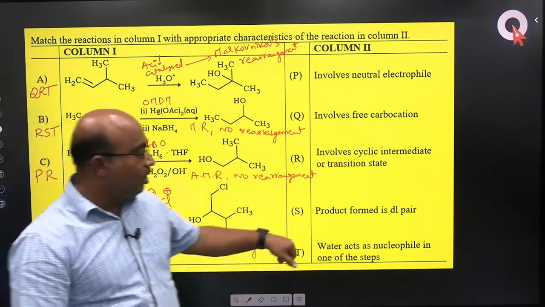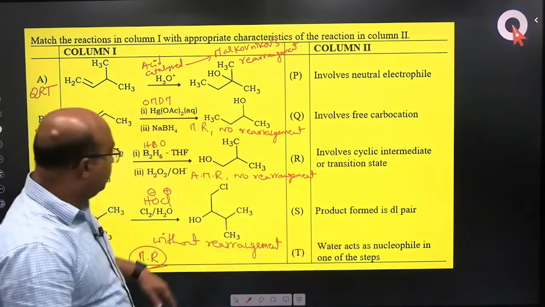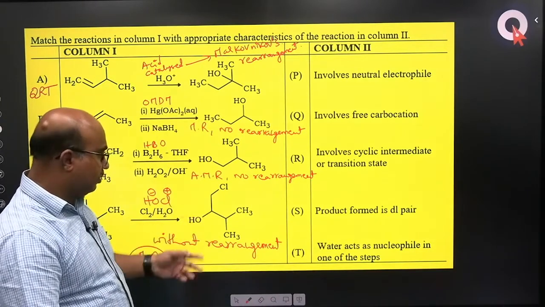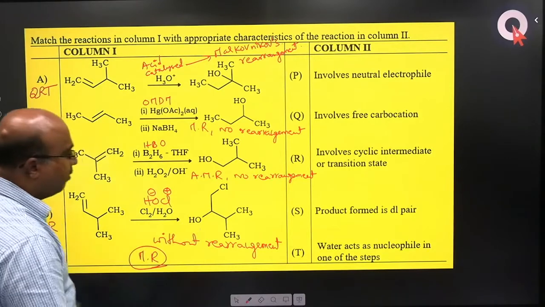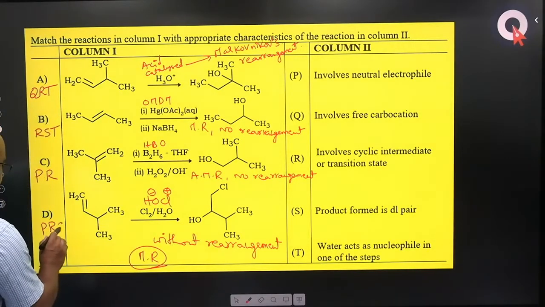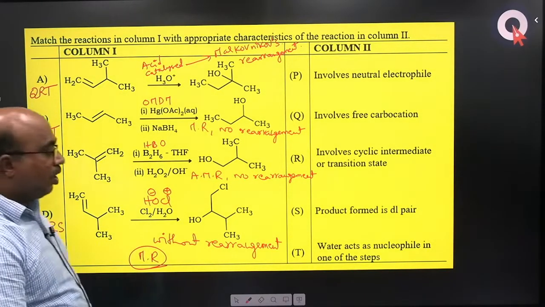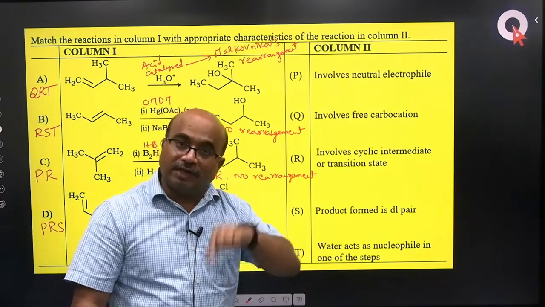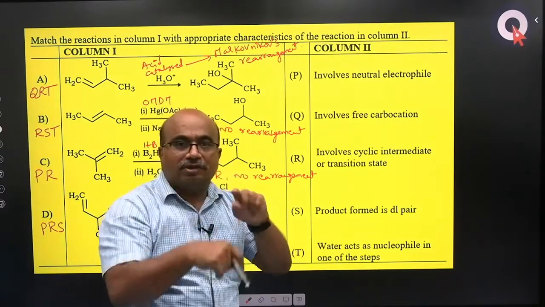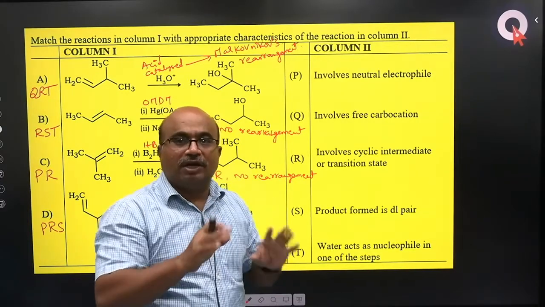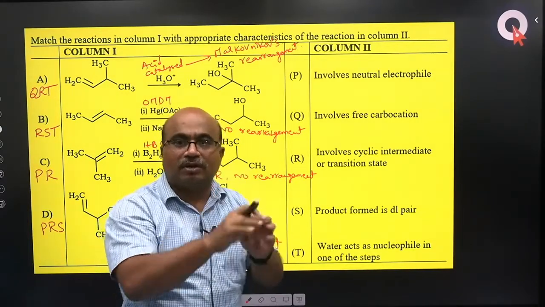Then product formed is a DL pair. So do we see any chiral carbons here? Yes. So this carbon is a chiral carbon. So the product formed is having a DL pair. So that is also correct. Water acts as a nucleophile in one of the steps. Yes. When there is a Cl, then water is actually reacting. So it is not HOCl we added, actually we added Cl2 plus water.